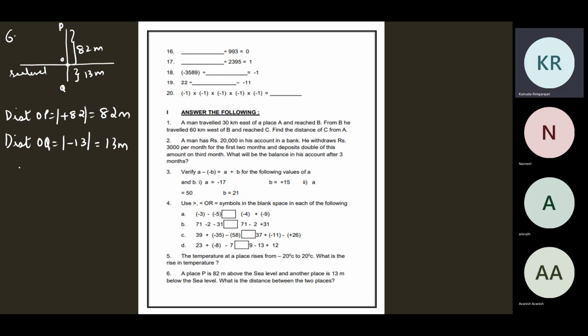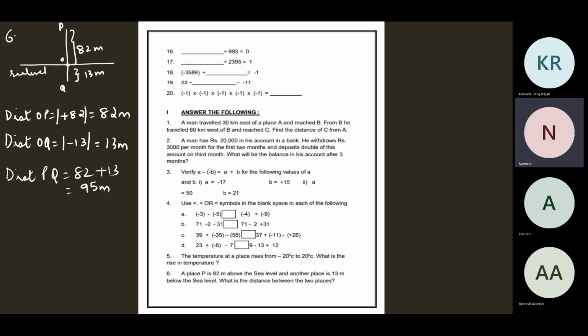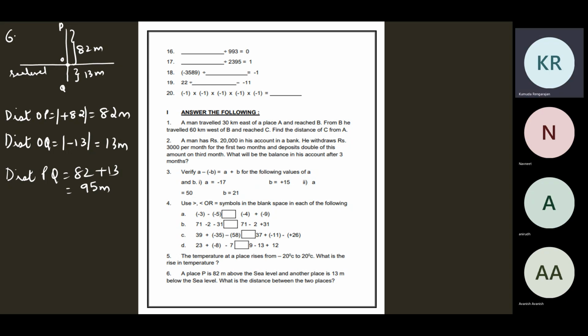So now distance PQ. All right. So if you want to show the negative sign, because it's below the sea level, then it will be negative.